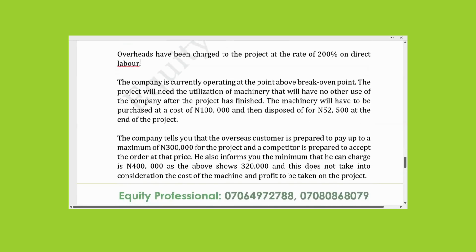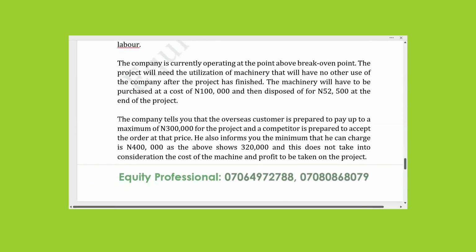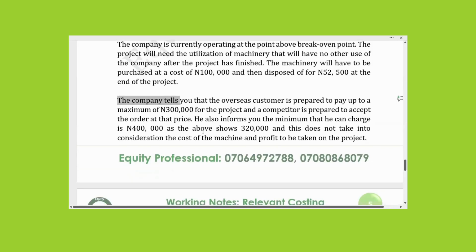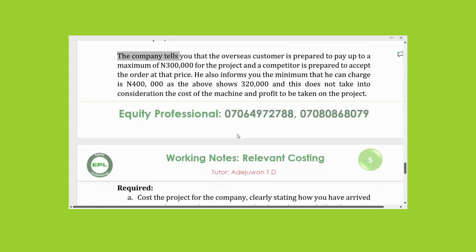The company tells you that the overseas customer is prepared to pay up to a maximum of 300,000 naira for the project, and a competitor is prepared to accept the order at that price. He also informed you the minimum that he can charge is 400,000 naira, as the above shown 320,000 naira does not take into consideration the cost of the machine and profits to be taken on the project.